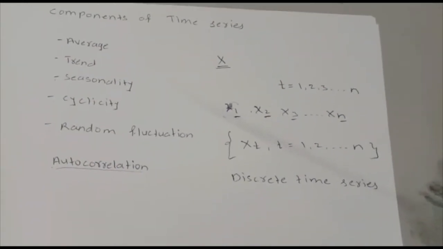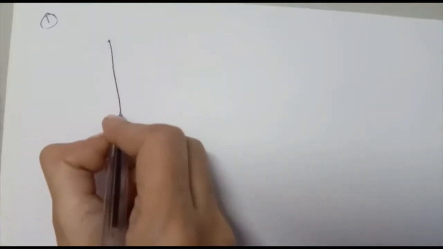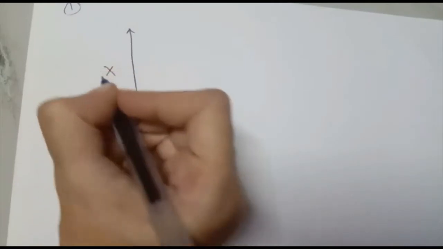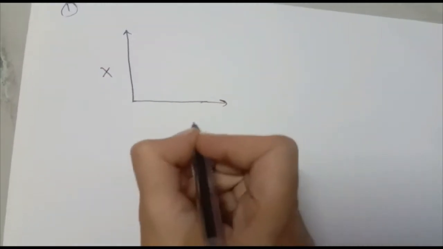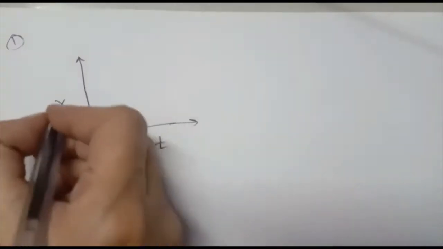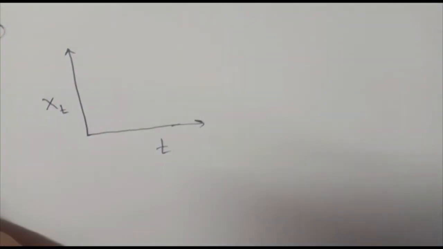Now let's say we have taken x as a variable. So on the y-axis there is x, and on the x-axis there is t, that is time. In this case I will write it here as xt.